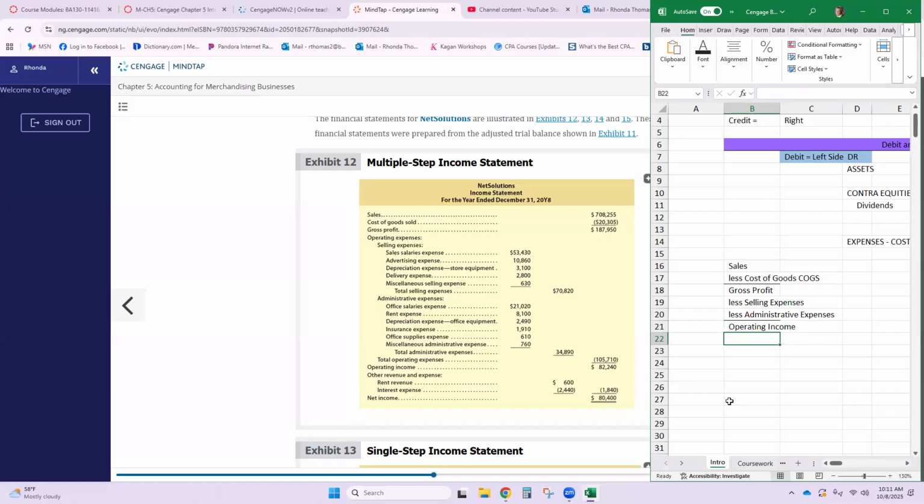And then you're going to have other. Okay, now there's other revenue and expenses that don't fit into selling and admin. These tend to be more the company as a whole as opposed to what we're in business to do. Okay, so for example, Net Solutions is a business with computers, right?